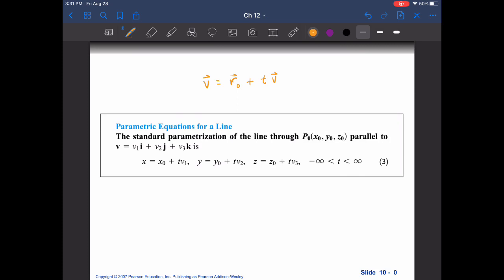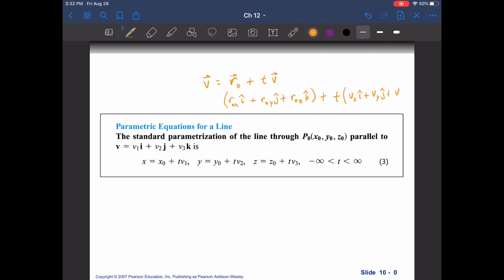And then r0 is going to be r0x in the i direction plus r0y in the j direction plus r0z in the k direction, plus t times vx in the i direction plus vy in the j direction plus vz.